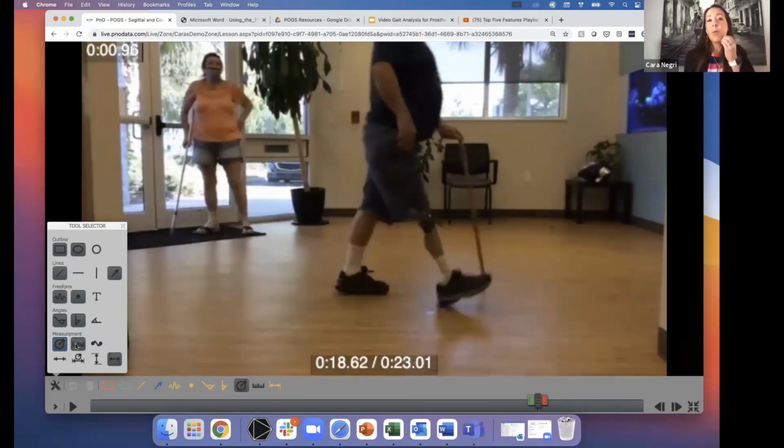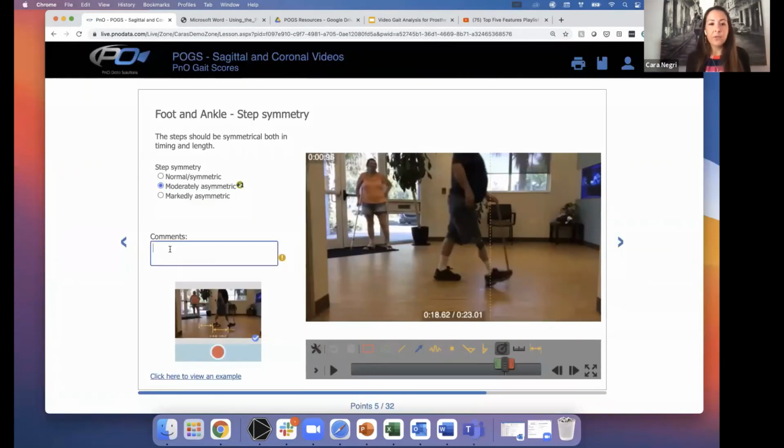So it is almost double, not quite, maybe 80% more time on the contralateral side than on the prosthetic side. So that's a pretty interesting piece of information. It's not 55 seconds, I know it's 0.55. And then 0.96.